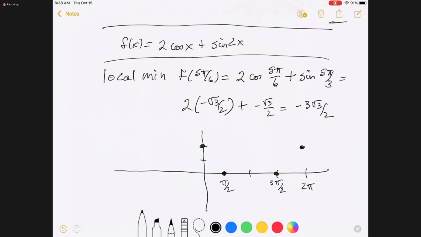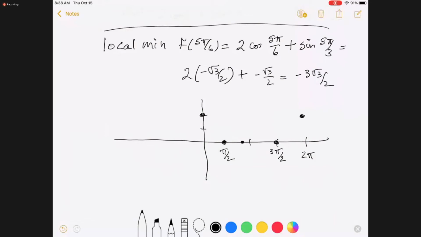Okay, and then we have a local minimum at 5 pi over 6. Where's that? That's about right here. 5 pi over 6, but it is minus 3 times the square root of 3 over 2.